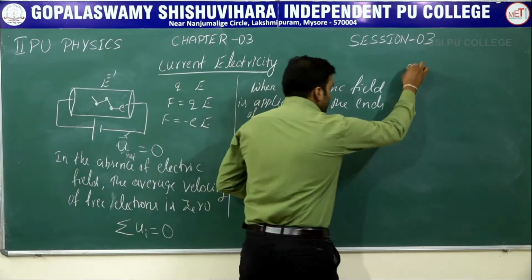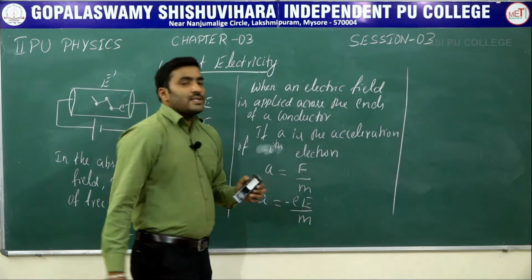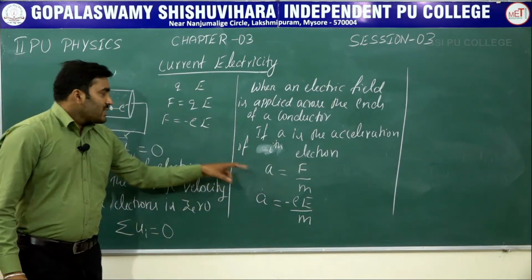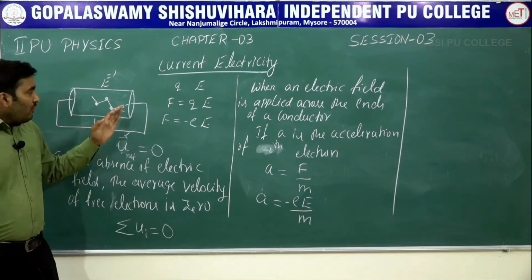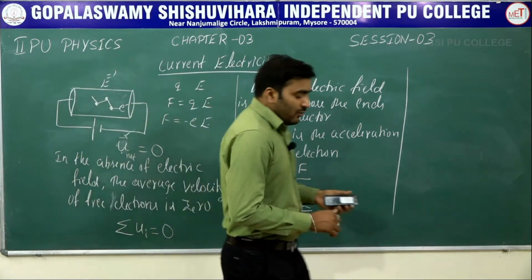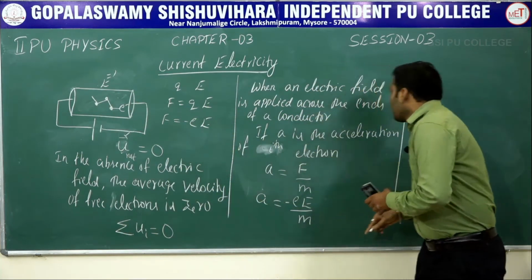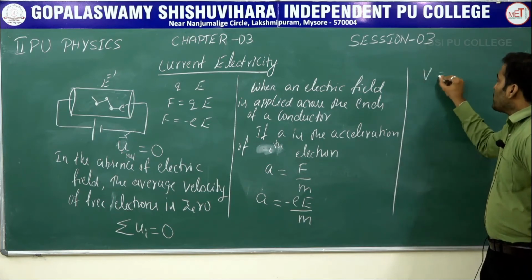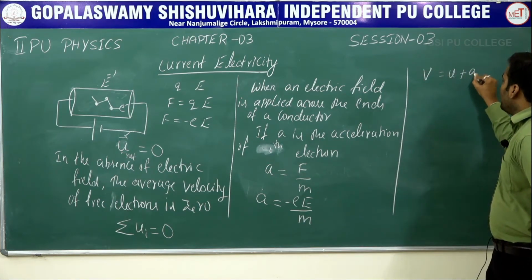Now let us consider the general case. I have written an acceleration by considering a single electron. Now for all electrons, we know from the equations of motion, V is equal to U plus AT.